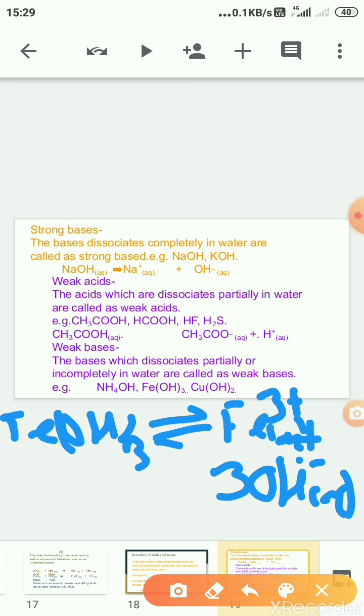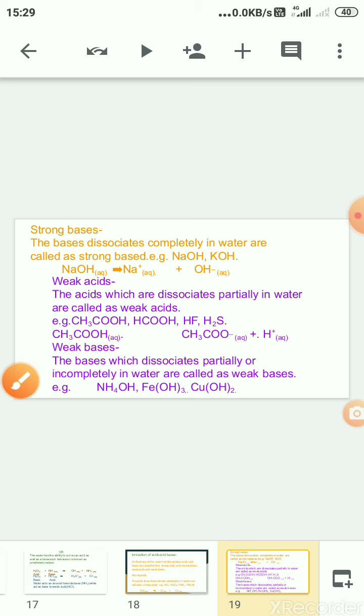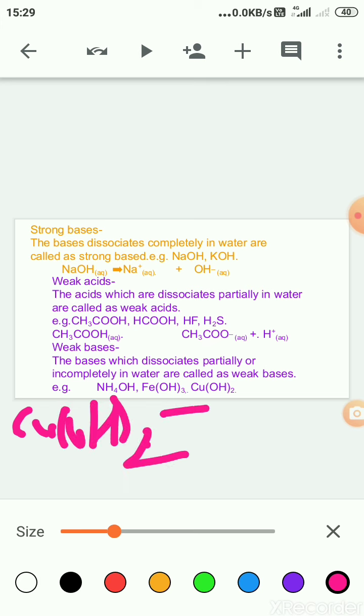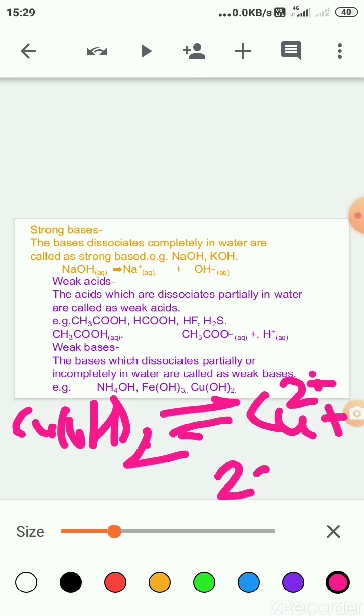In the same way we can apply this for cupric hydroxide, Cu(OH)2, which on dissociation produces Cu2 plus and 2 OH minus.